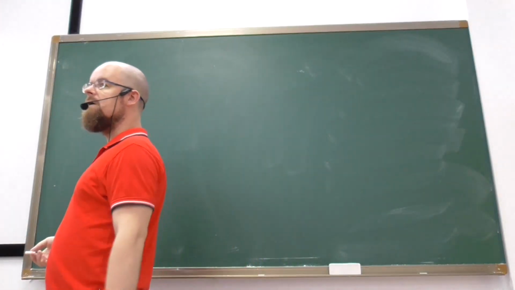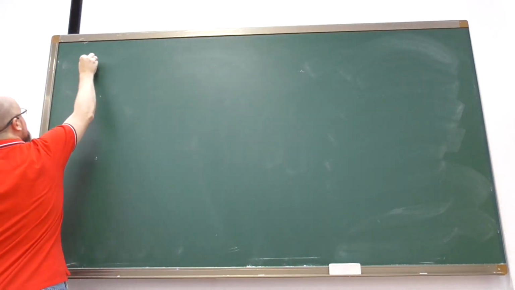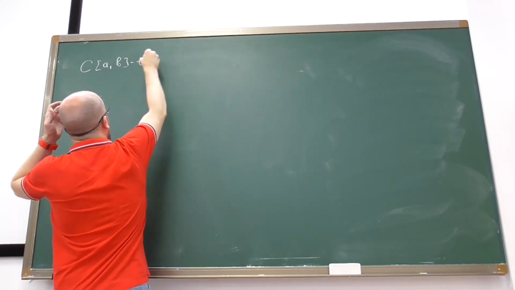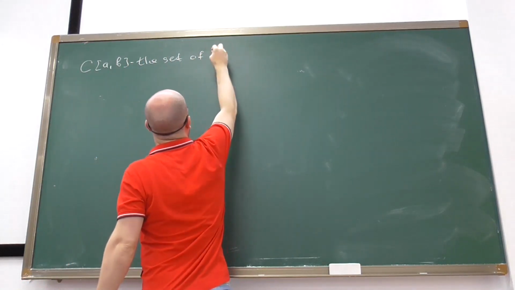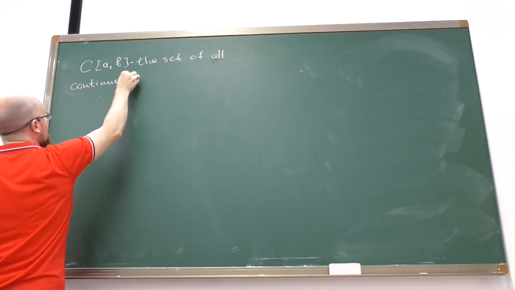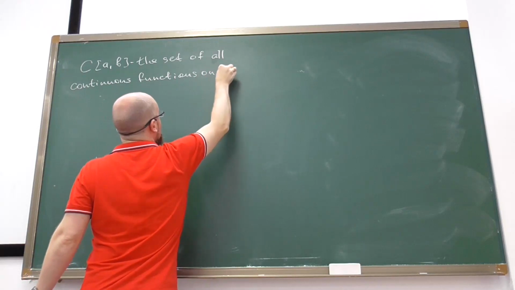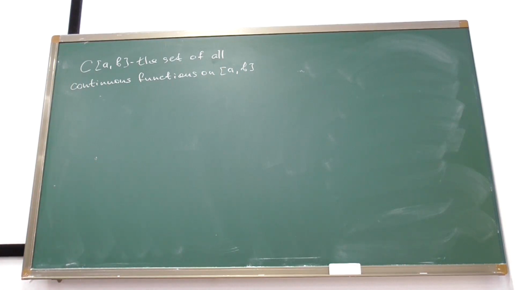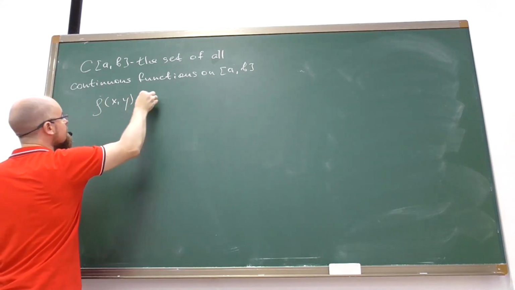So let's consider this set of continuous functions on an interval [a, b]. In the previous lecture, we have introduced one metric for this space, and that metric was the integral metric.